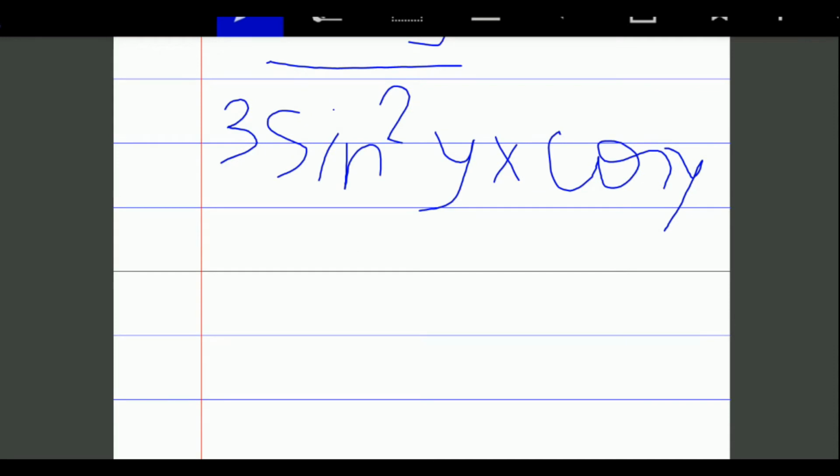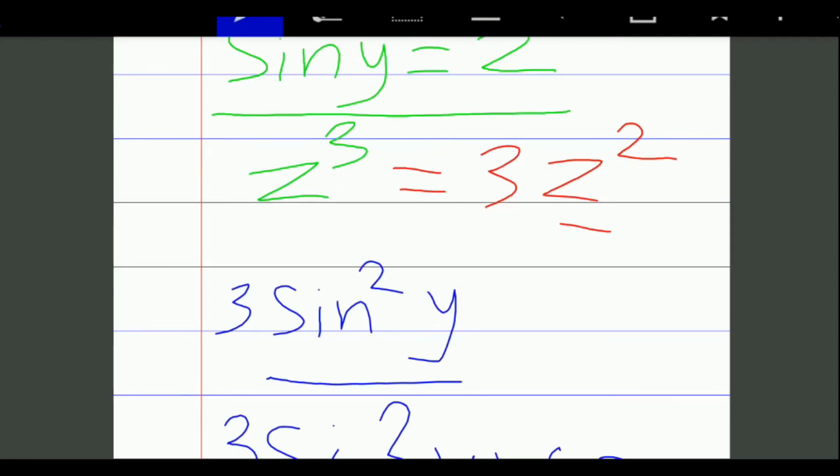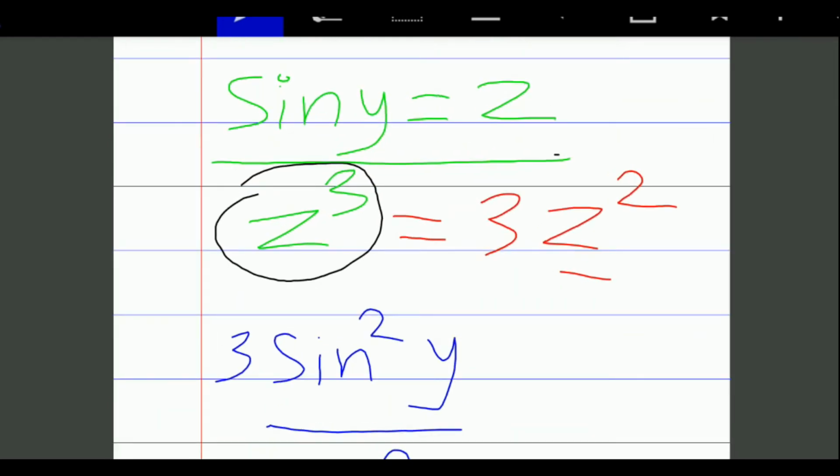The solution for z cube is getting multiplied with the solution of single z, that is sin y. Again I am telling you that first of all we derive z cube. Derivation of z cube becomes 3z square. Now z is equal to sin y, as you can see here. Derivation of sin y is cos y, that I've written here.